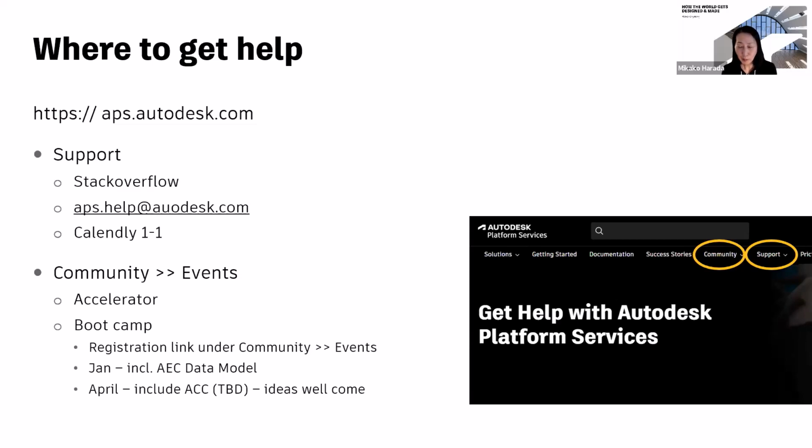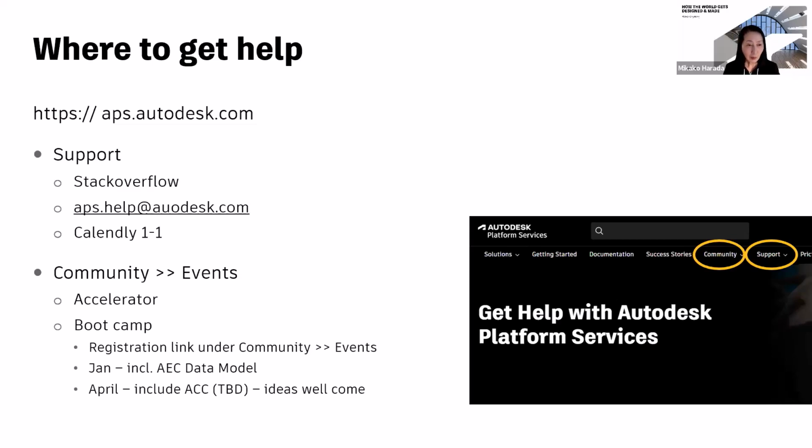If you go to aps.autodesk.com, there is a menu called Support. If you go there, there will be a link to Stack Overflow and also an email to aps.help@autodesk.com. Those two basically go to the same backend systems, and the APS team will be regularly monitoring.